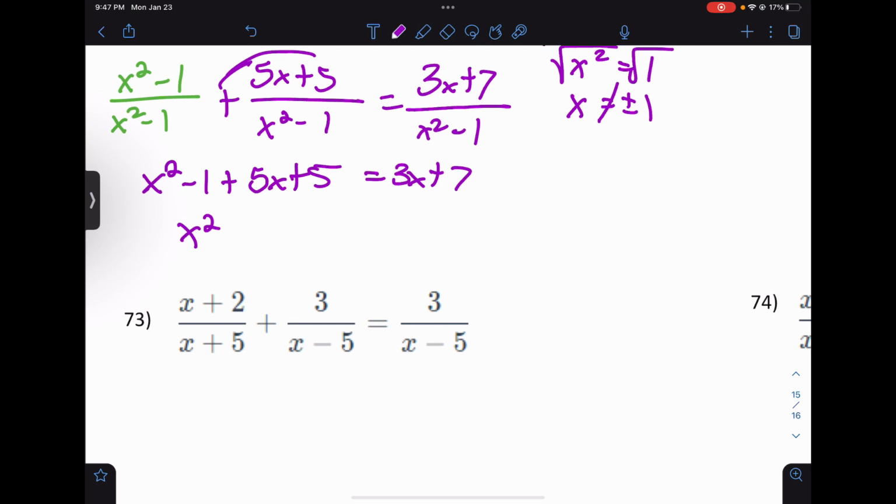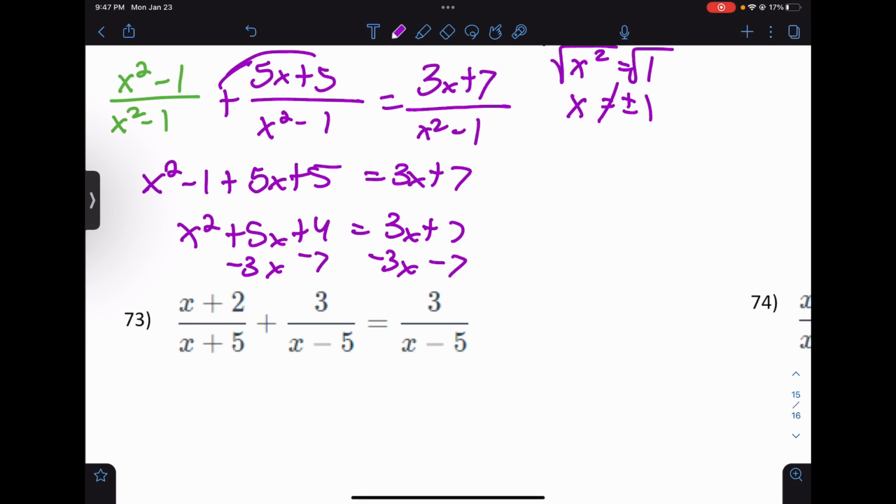So we get x squared plus 5x plus 4 equals 3x plus 7. We've got to get it set equal to 0 because it is a quadratic. So we end up with x squared plus 2x minus 3 equals 0.